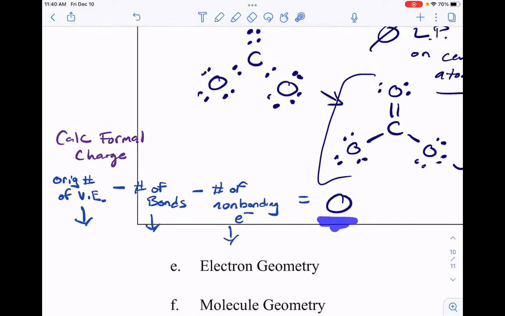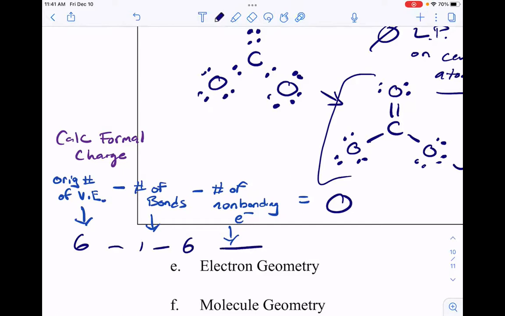If we're trying to calculate the formal charge for these two oxygens, I just need to calculate it one time because the bonding pattern is the same. So the original number of valence electrons is 6. Number of bonds is 1, right? So I have 1 bond between carbon and oxygen. And then number of non-bonding electrons, that's 1, 2, 3, 4, 5, 6. Okay.